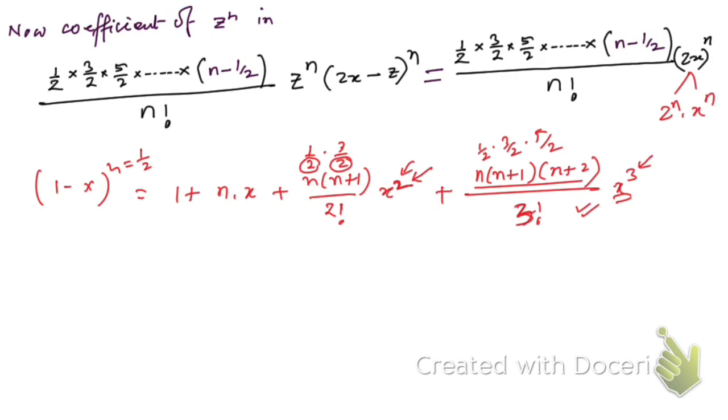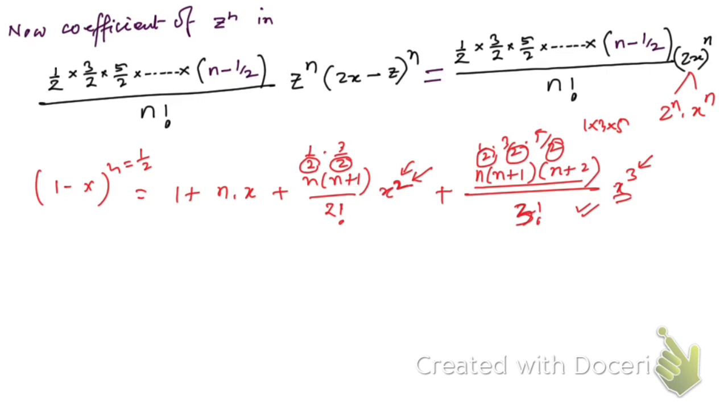When we had power 3, here we had 2 into 2 into 2, that means 2 cube, 1 into 3 into 5 divided by 2 cube, right? Similarly, when we have power n here we're gonna get 2 into 2 into 2, and if you multiply all these things, then you're gonna have 2 to the power n as a denominator, and this 2 to the power n and this 2 to the power n will be cancelled.